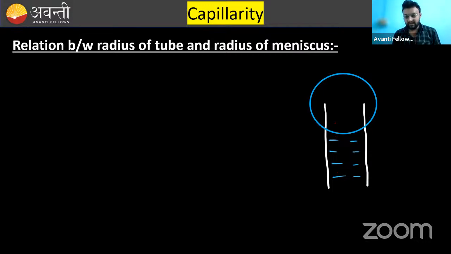In this diagram, these white lines represent a tube in which liquid is rising, and the shape of the meniscus is concave. I have just completed the circle of the meniscus. This is not the actual circle, this is the portion that I have completed.